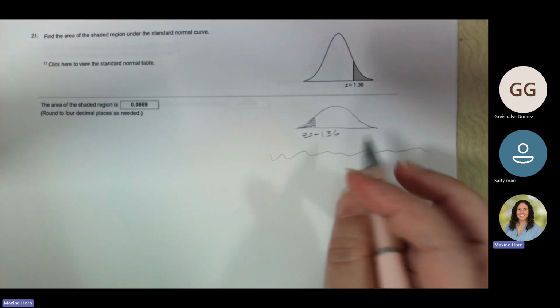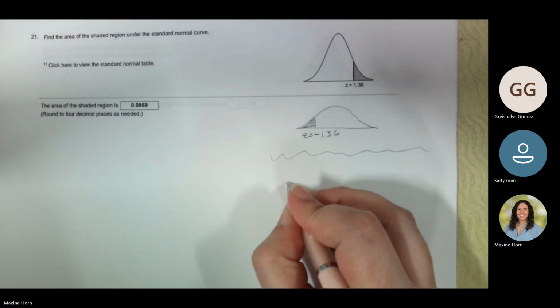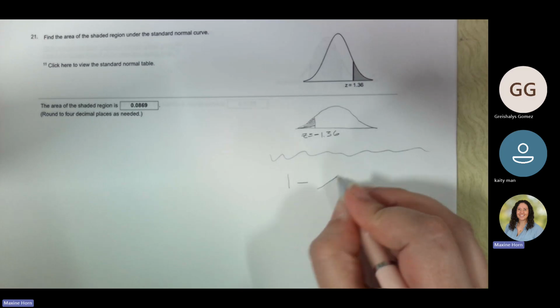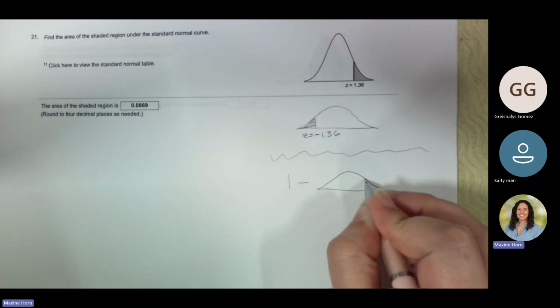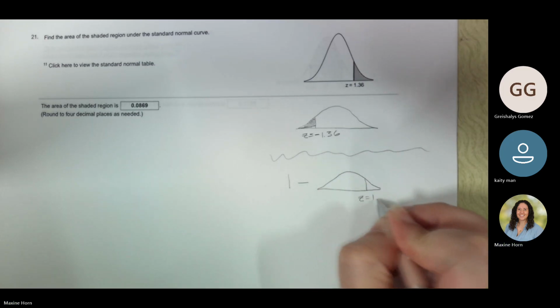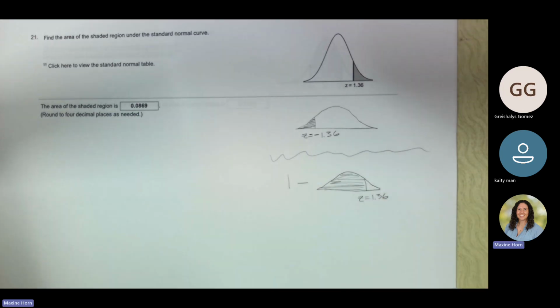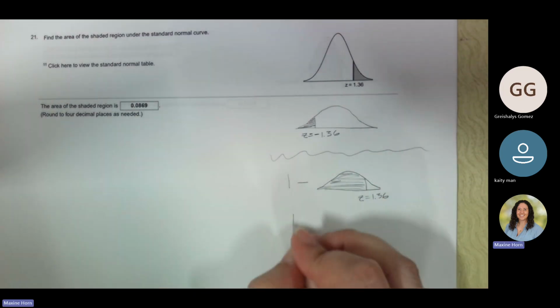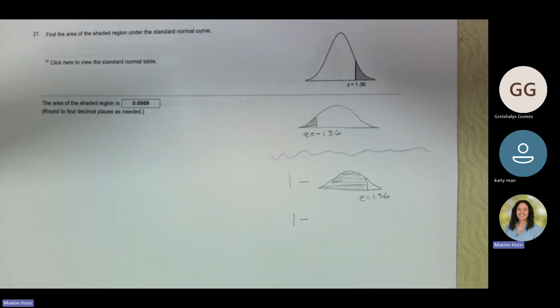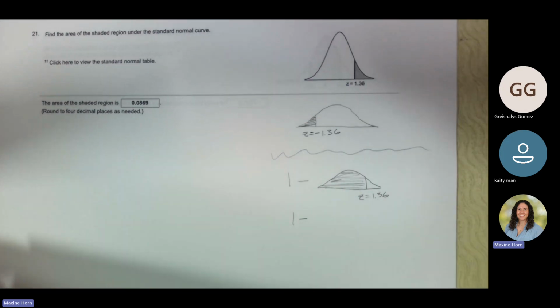Another option if I'm using the chart is to say, well, I'm going to do 1 minus what that Z-score gives me. Because the Z-score, if I look it up in the back, is going to give me the area to the left. So we look up a positive 1.36.